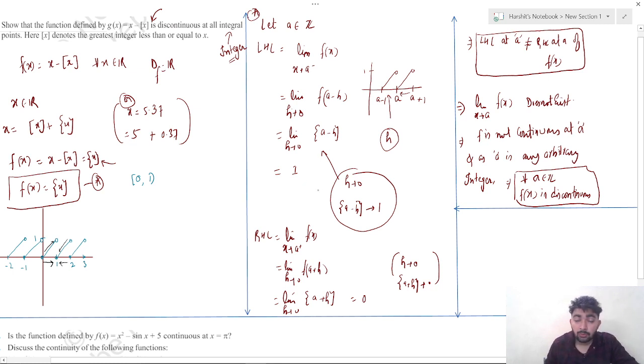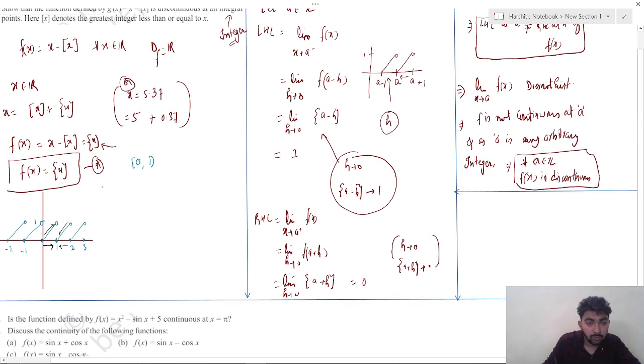But now we need to prove that this function is continuous at all the real numbers except integers. How do we need to write that? If you have any doubt, you can tell me. We take an element of R minus Z, and you can observe that LHL, RHL and f of a, all three are equal.